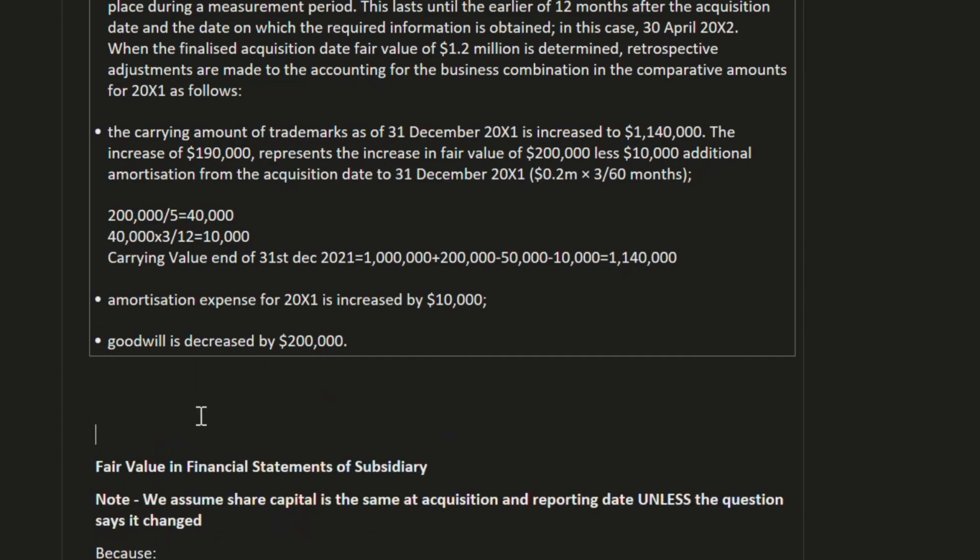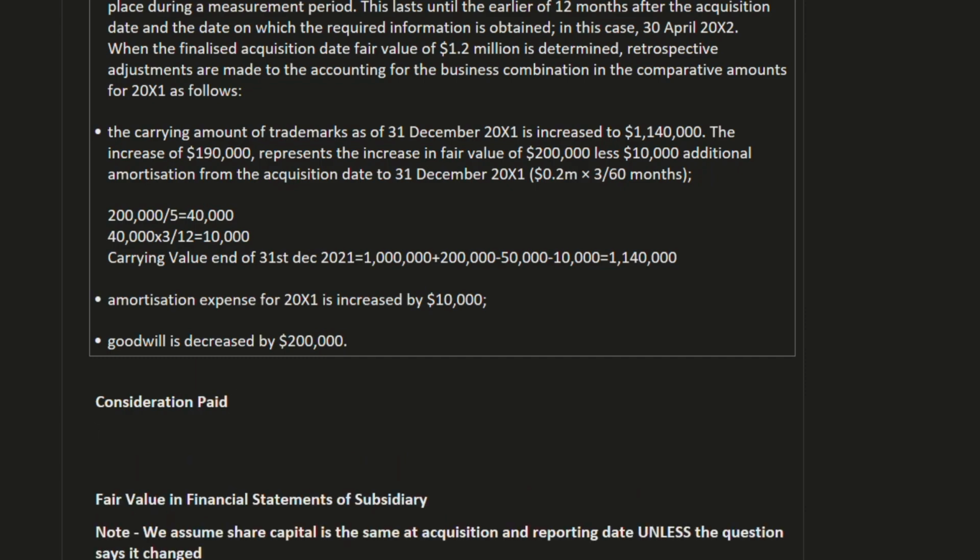Goodwill value we calculate by doing consideration paid plus the value of NCI.